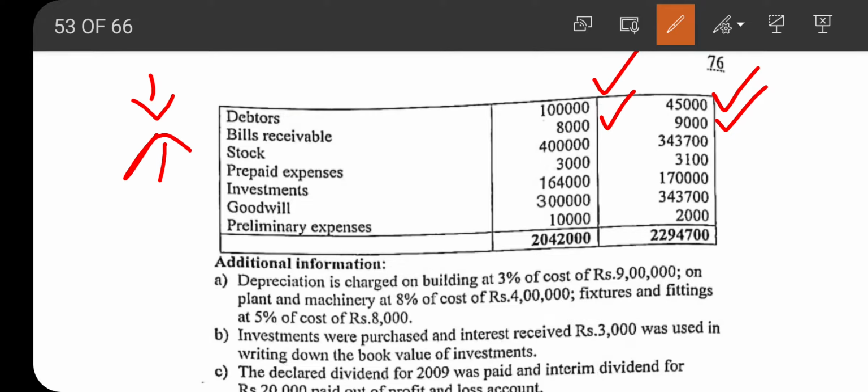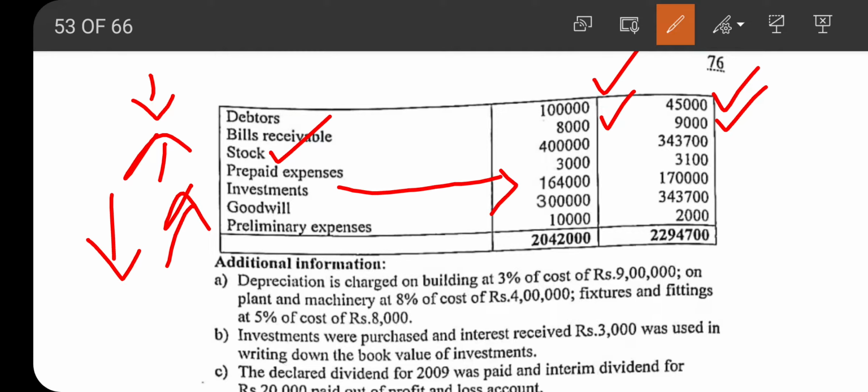Stock 4 lakh and 3 lakh 43,700. So there is decrease in the value of stock. Prepaid expenses 3,000 is the opening balance, closing balance is 3,100. So there is increase in the value of prepaid expenses, means increase in the value of current asset. Then we are having investments 1,64,000 opening balance, closing balance is 1,70,000.